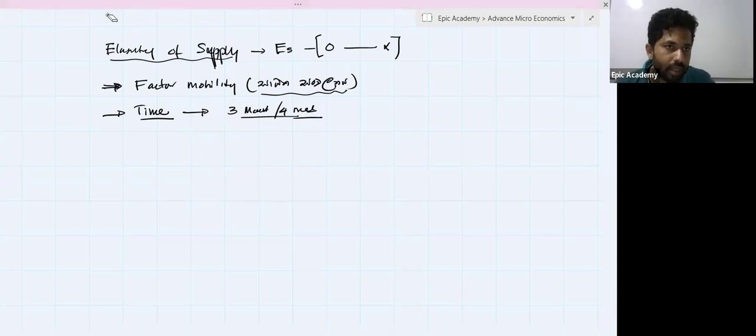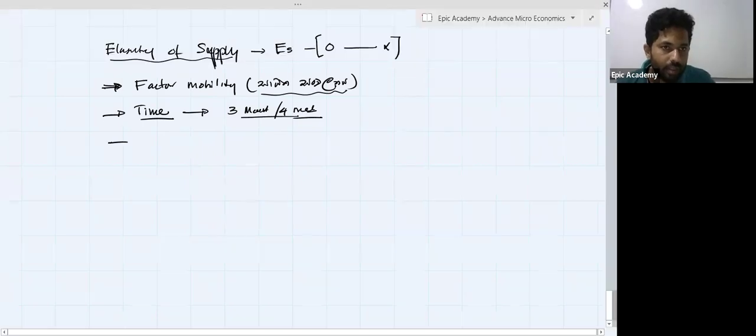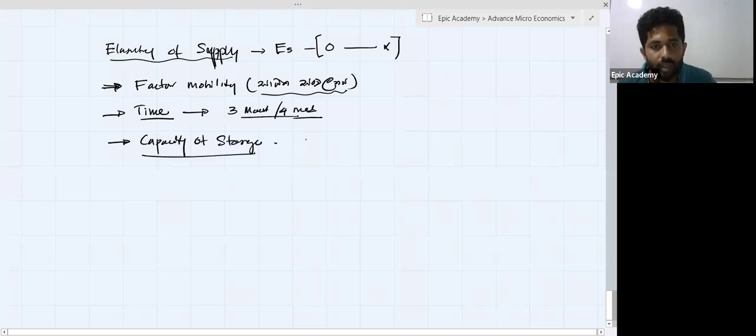And next one is capacity of store, storage capacity. Okay, so just consider ABC company produces X commodity.